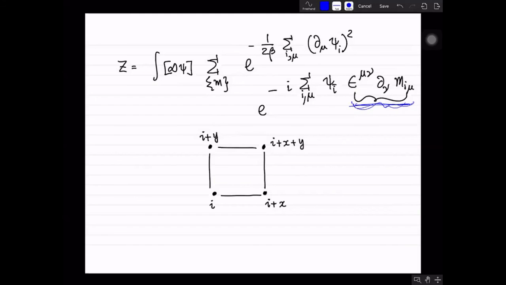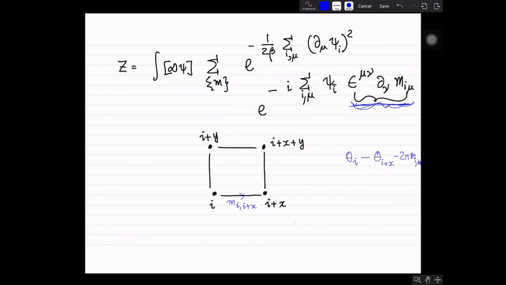Remember, M is defined on the bonds. So if I have M i, i plus x, this is M directed along this. This would have come with theta i minus theta i plus x minus 2 pi M i, i plus x.